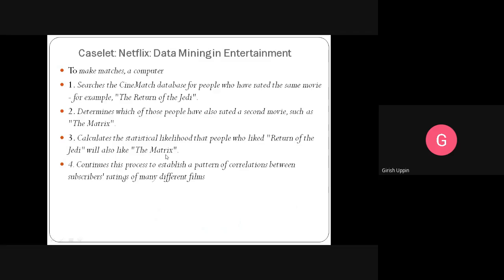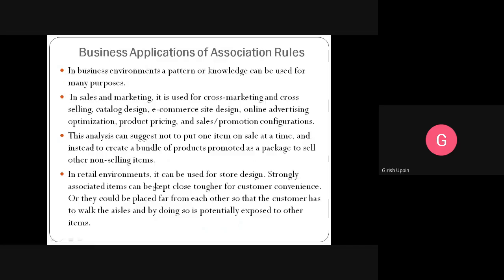That is how you can find the association. Then you can start recommending based on their ratings. Continue this process to establish a pattern of correlation between subscribers' ratings of many different films. That is how we bring in that association, and using it we can do the recommendations.